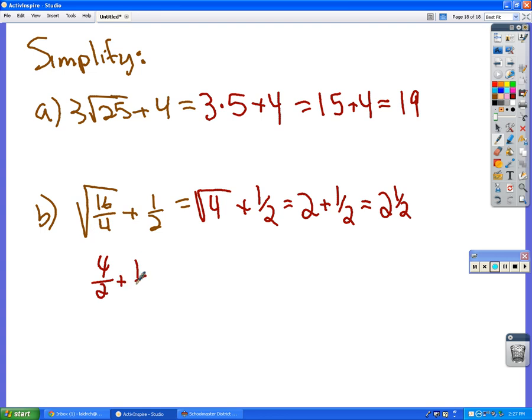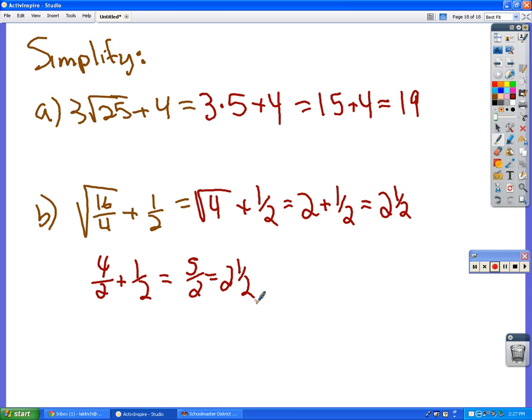So that makes it 4 divided by 2 plus 1/2. What's 4 halves plus 1/2? 5 halves. And then 5 halves reduces to 2.5. So you get the same answer either way. You can either do the math first and then take the square root, or you can take the square root of the top and then the square root of the bottom.